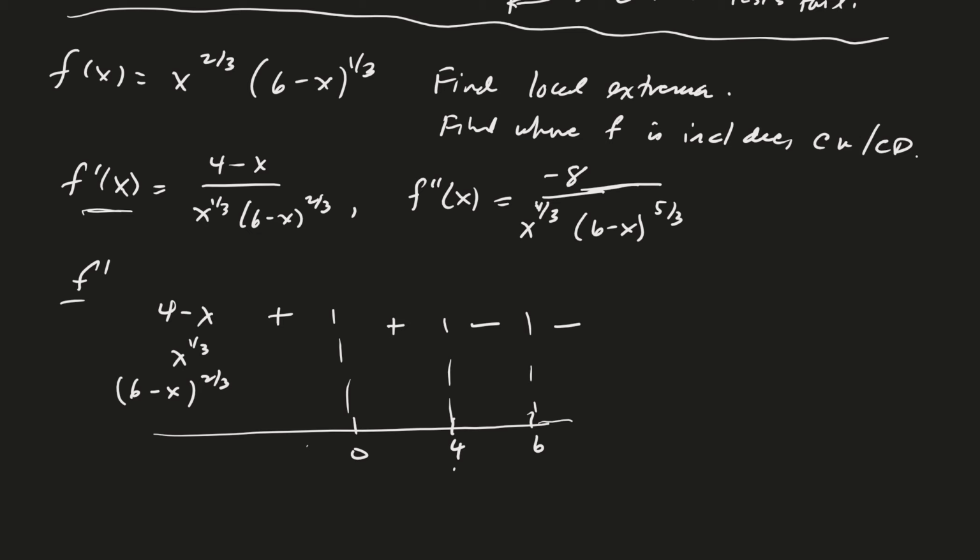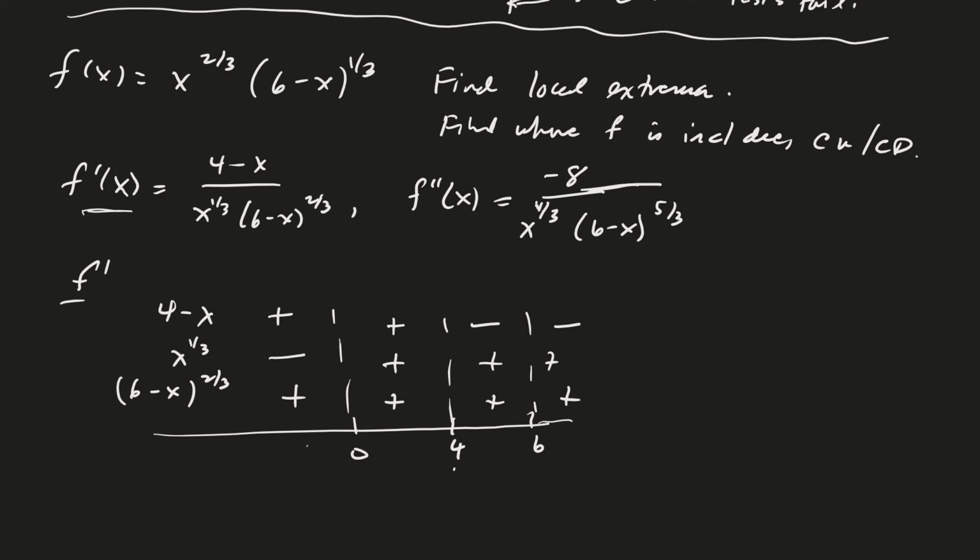The cube root of x, that's negative when x is negative, positive when it's positive. And then 6 minus x to the 2/3 power. Now this is the cube root squared. When you see the 2/3, that's the cube root squared, so anything squared is positive, so it's actually positive all the way through.